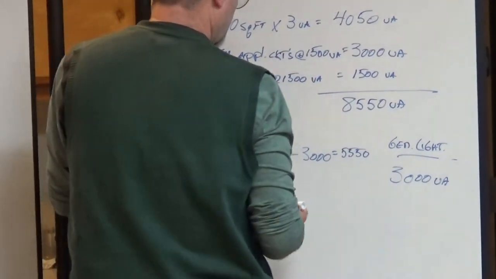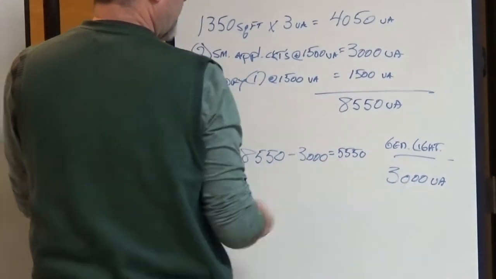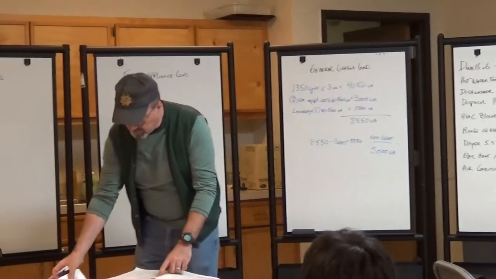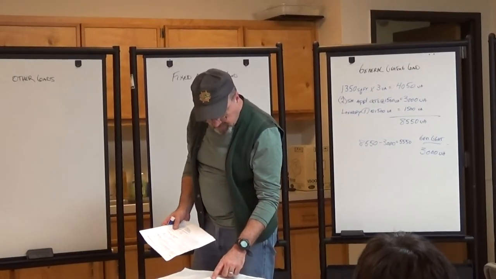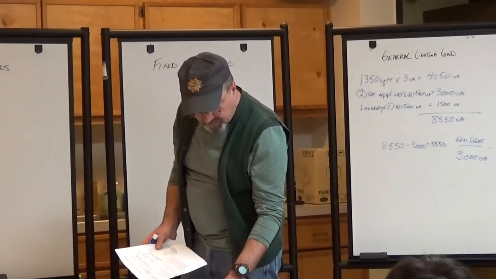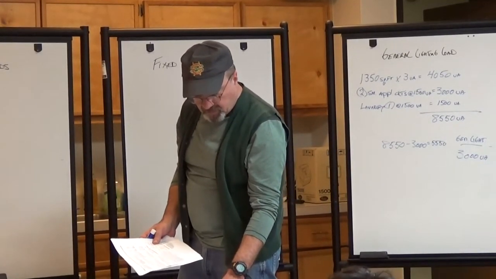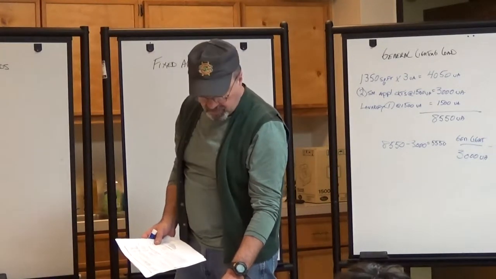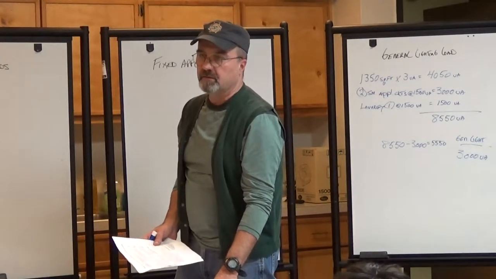All right. And so there's 5,550 VA left. What does it say to do with the next 5,550 VA? Then it says from 3,001 up to 120,000 VA, to take that remainder at 35%.